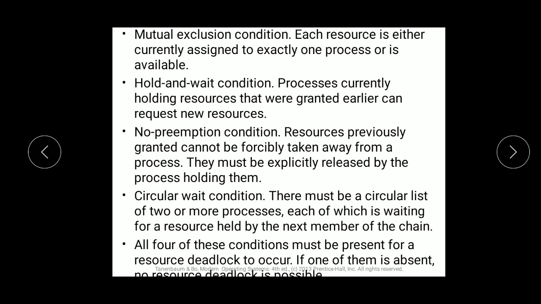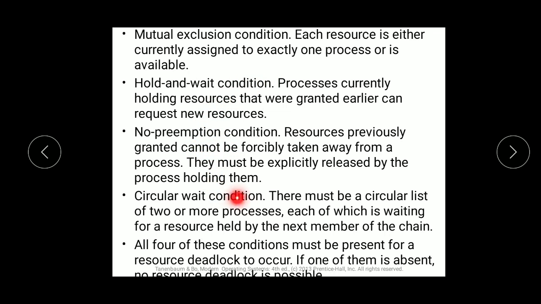Circular wait condition: there must be a circular list of two or more processes, each of which is waiting for a resource held by the next member of the chain. So if in a circular motion I am arranging A, B, C and D, when A is processing, D is waiting for A to get the task completed.